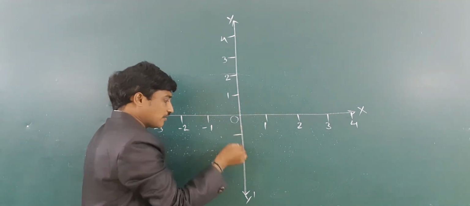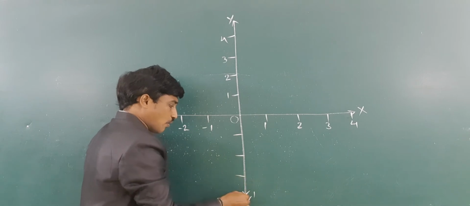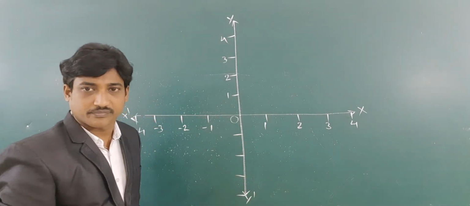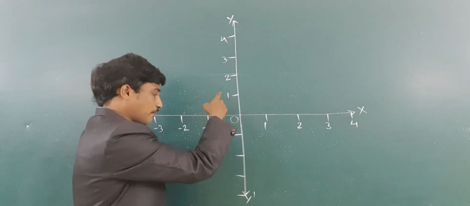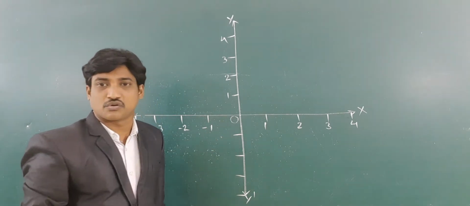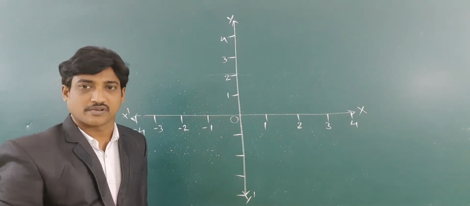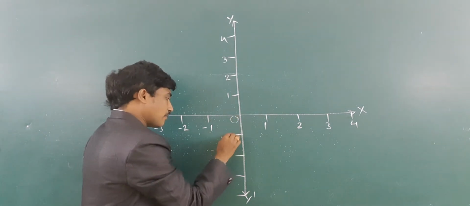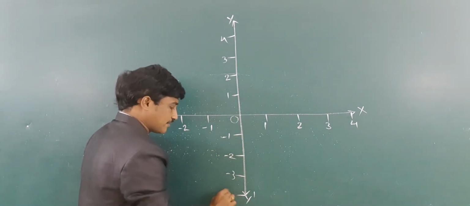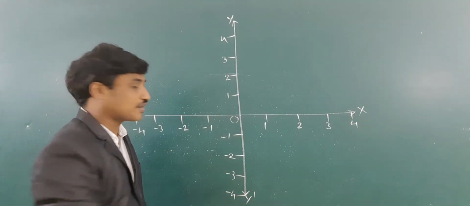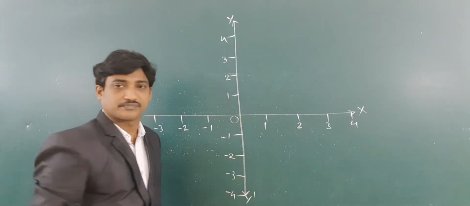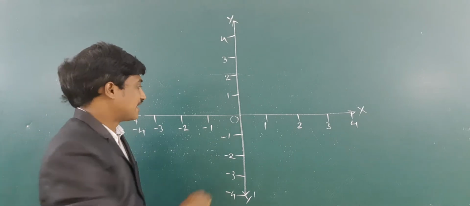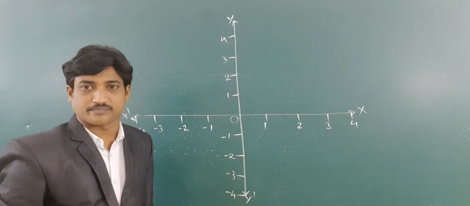Distances along OY', the lines parallel to OY', are taken as negative: -1, -2, -3, -4 and so on. So OY' is called the negative y axis.